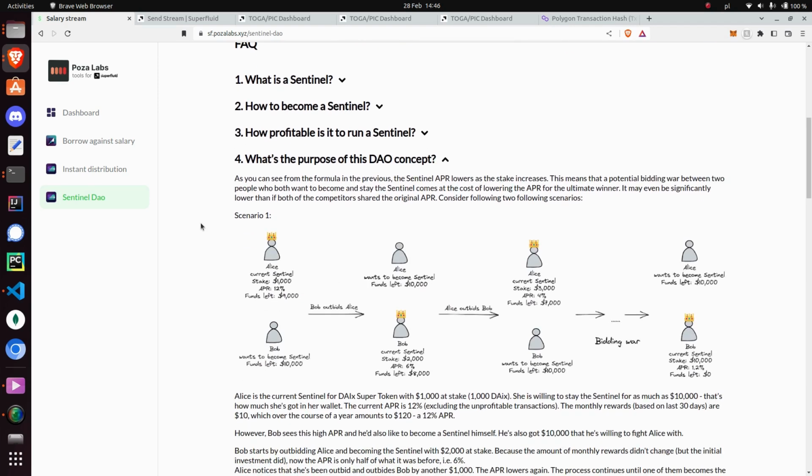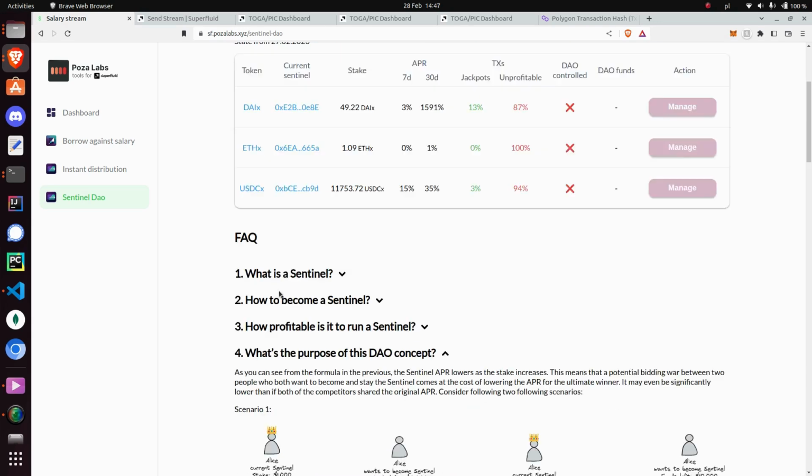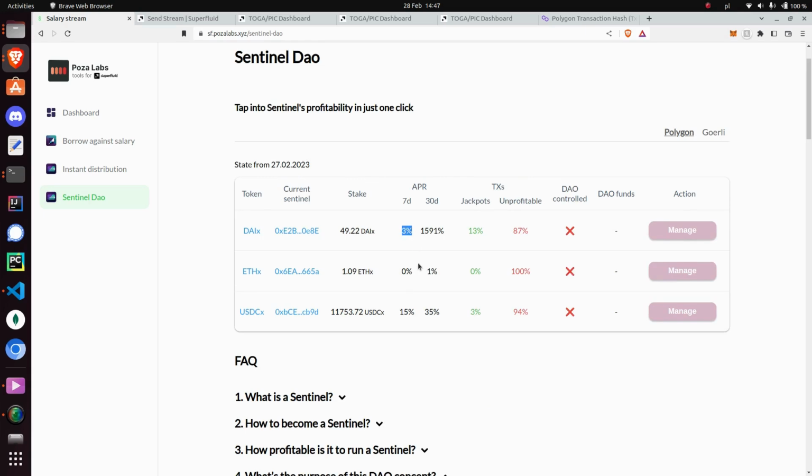So consider the following scenarios that could be taking place right now without the DAO. Let's say you've got Alice here and you've got Bob. And Alice is the current Sentinel and has put up for stake $1,000, and the current APR is 12%, which is a fair estimate considering the different numbers among the stablecoins.